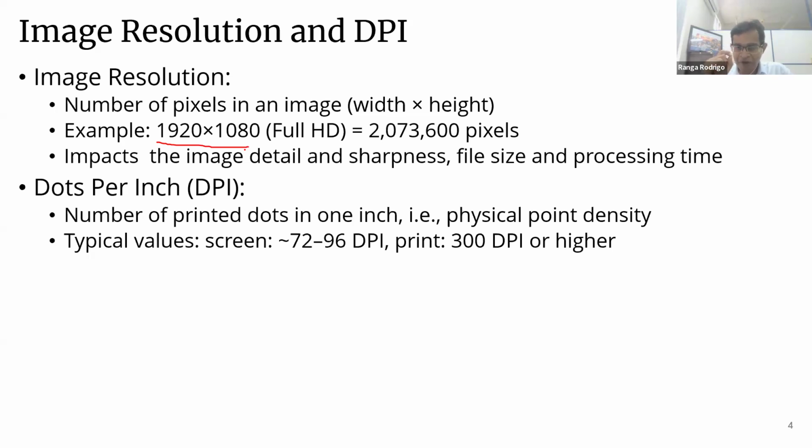That is how many dots you print per inch, DPI. Assume that this area is an inch, slightly larger than an inch. If I decide to print 300 dots along the vertical axis, that means 300 pixels. And of course, along the horizontal axis also, you will print 300 pixels.